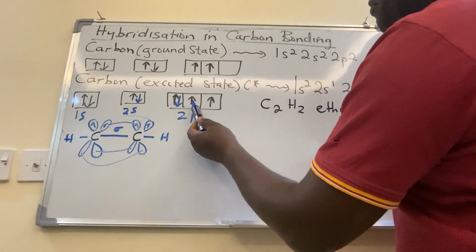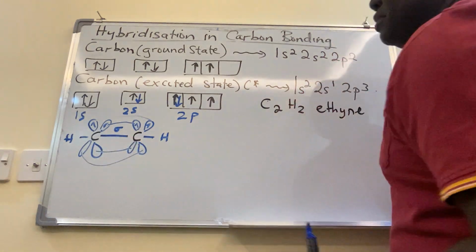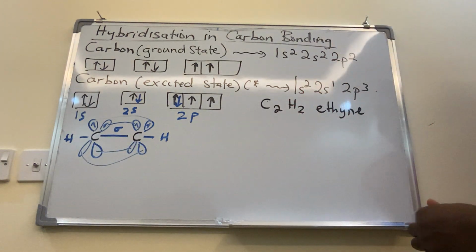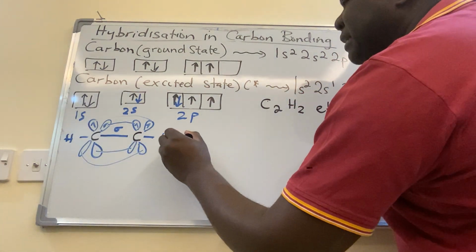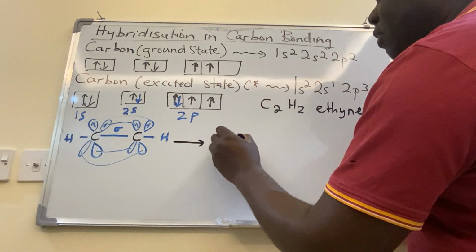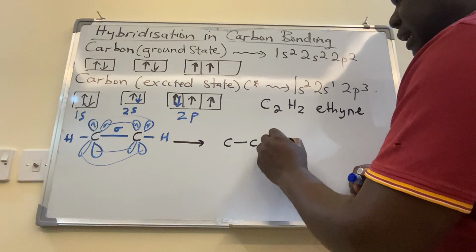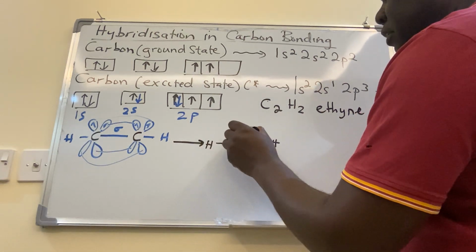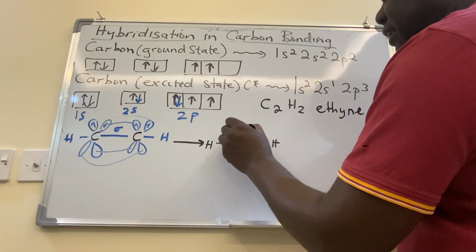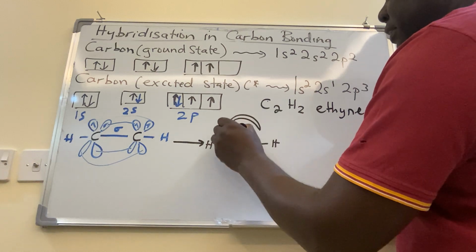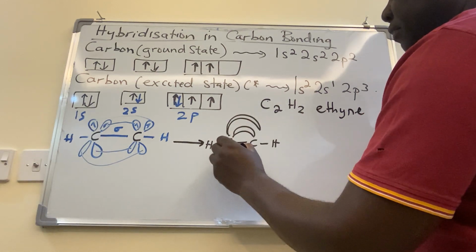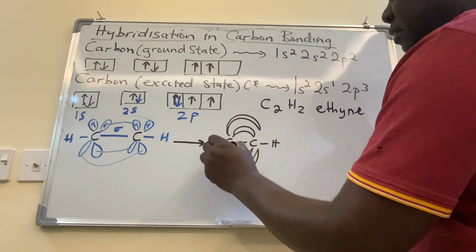Why? Because we have two p electrons that are not participating in bonding. What will the picture be like at the end of the day? We are going to have our molecule like this.